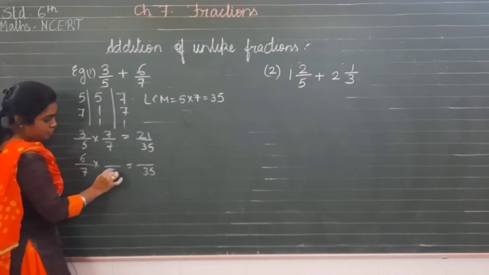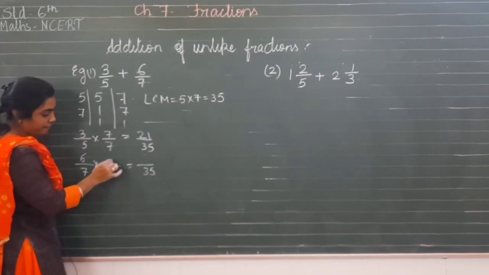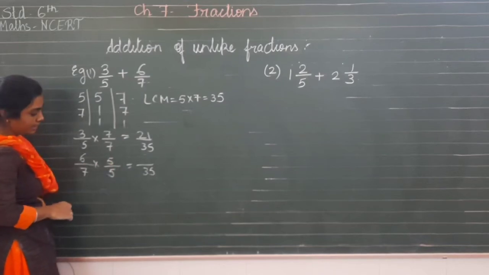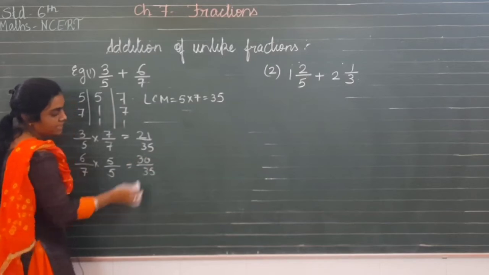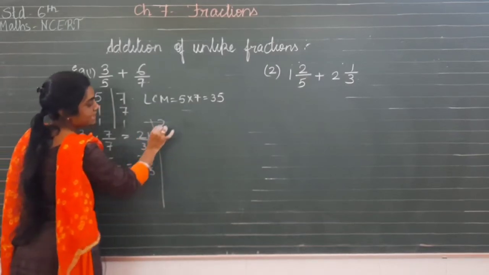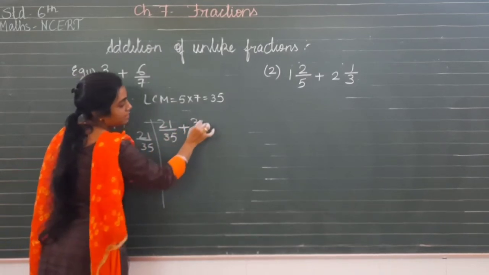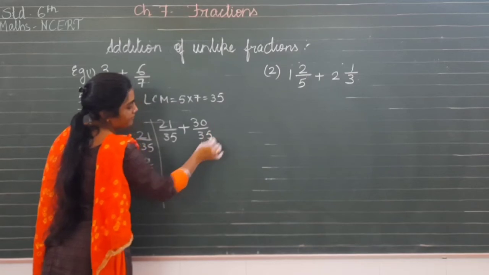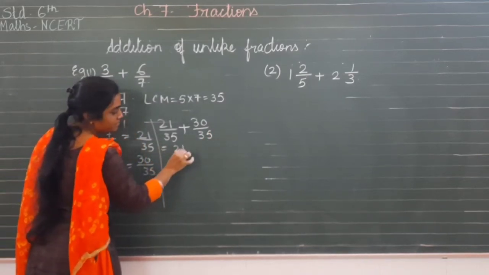To make 35, we will multiply by 5 in the numerator as well as in the denominator. 7 fives are 35 and 6 fives are 30. Now we have converted these into like fractions. So 21 upon 35 plus 30 upon 35. So add the numerators.